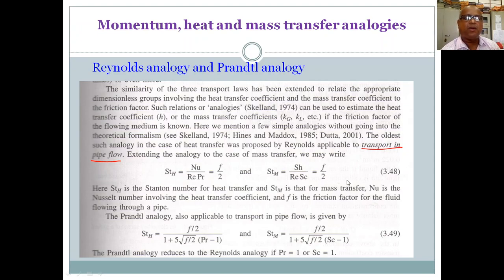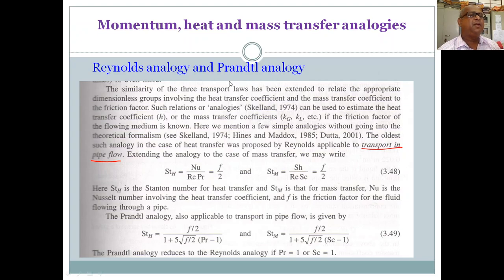So if you can calculate the friction factor, you can easily calculate the mass transfer coefficient and heat transfer coefficient. So this is good. And it has been seen that this relation is okay, but it does not have very much accuracy.